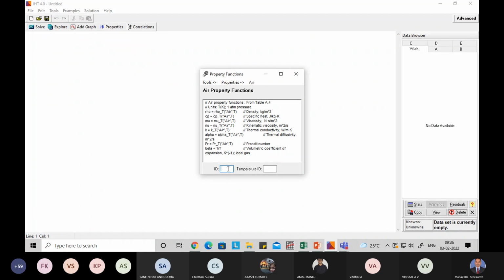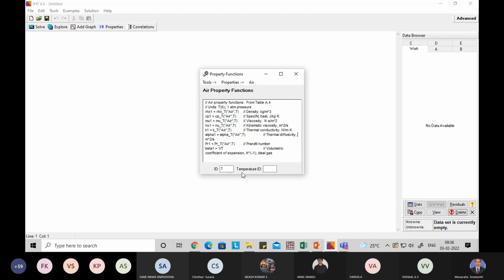So for air properties, let us say ID1. When I say ID1 and click here, see what is changing. Right now, this row RHO is simply plain RHO. When I type ID1 here and click, RHO becomes RHO1. That is, the 1 is the ID, because when you have multiple fluids, you may have to give RHO1, RHO2, and so on.